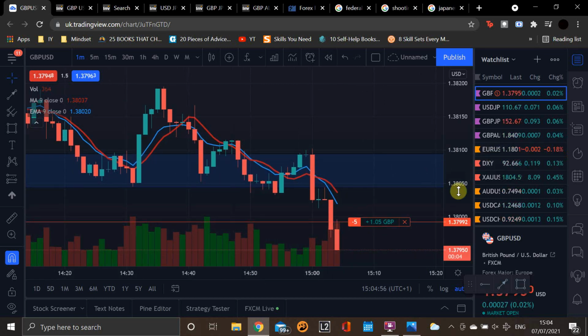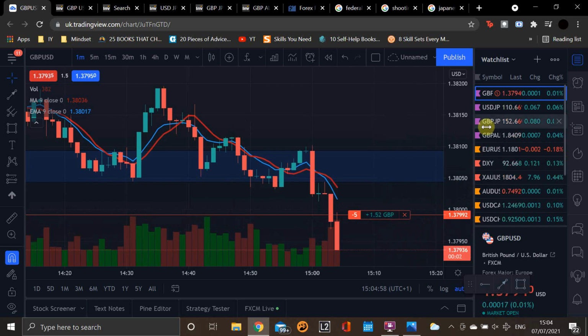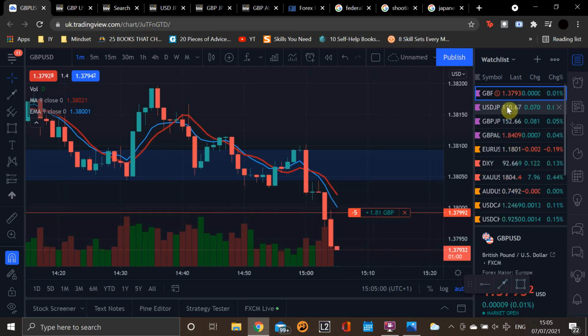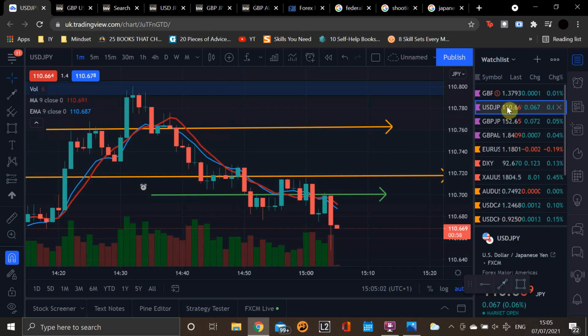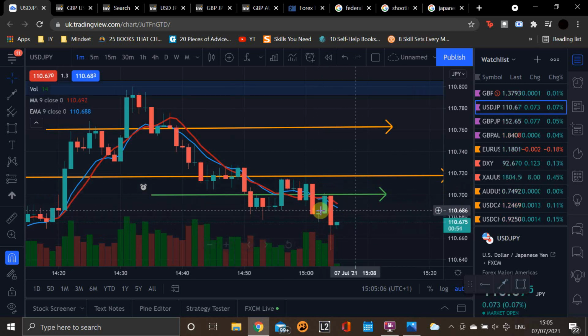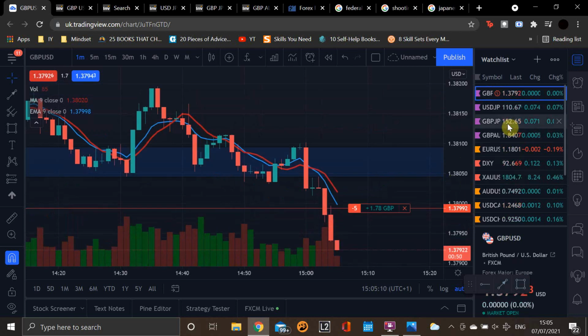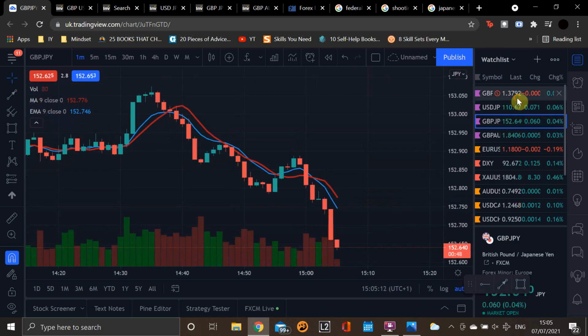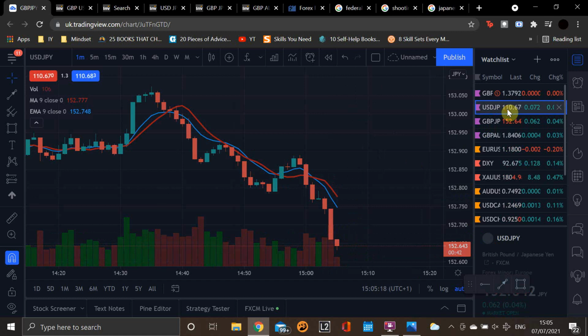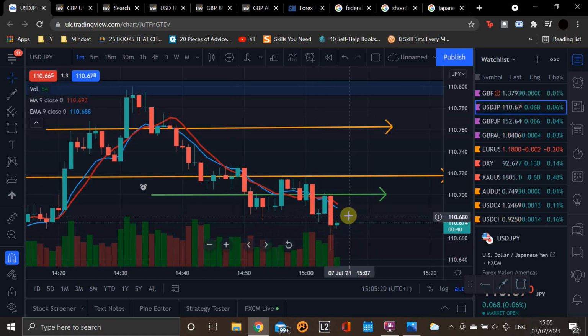US dollar is being very strong at the moment. Yeah, it's very, very strong. Except, yeah, you don't want to trade the US dollar against JPY. Against GBP, most definitely. JPY is strong, moving the exact same way. So JPY is strong, USD is strong, USD JPY, doji. It's not moving the same way.